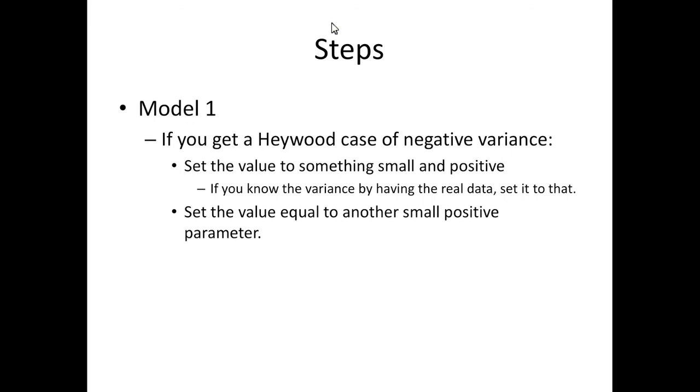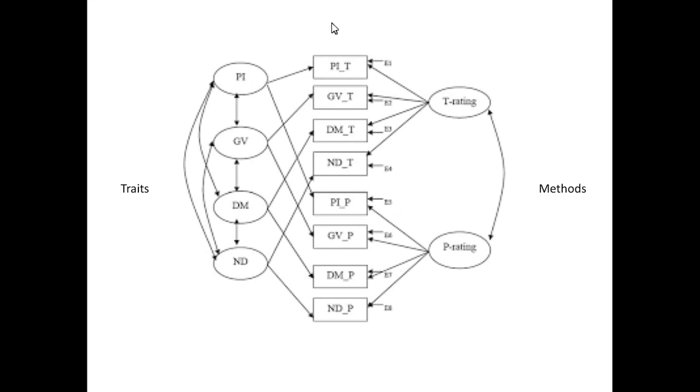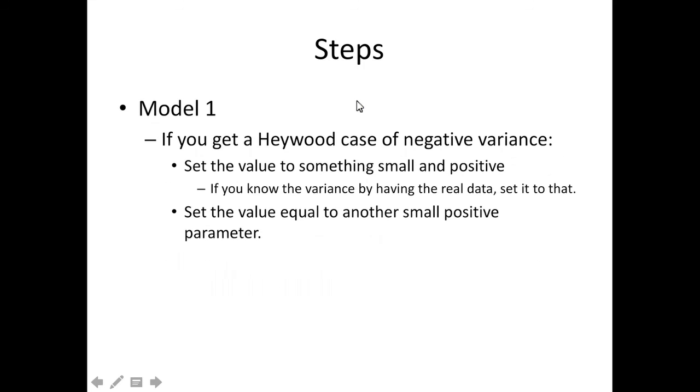So what happens if you do get a Heywood case? Since all of the error terms are on manifest variables, so they're all on squares here, what I've always done is calculate the variance for that particular item and use that to set the value to something small and positive, because we are setting variances here.